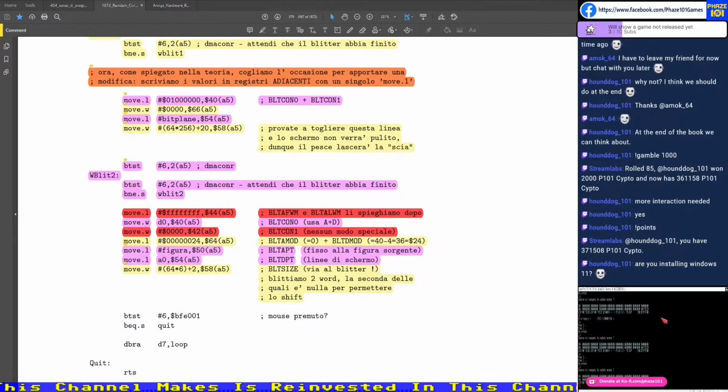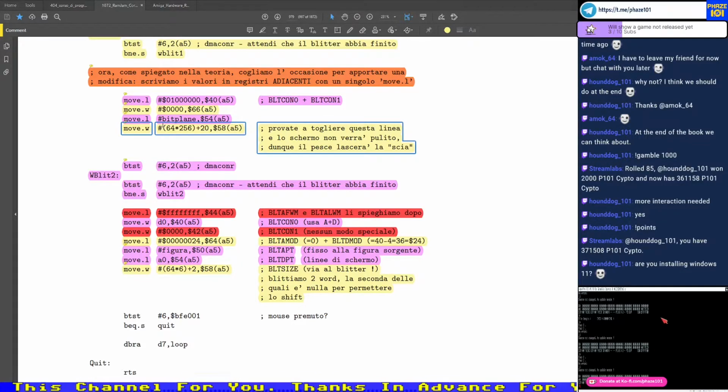We're setting the address of the bit plane that we want to clear, and then we clear it. We're clearing the whole bit plane, the whole of it. That is why you see the number of lines is 256 and the number of words is 20 per line.